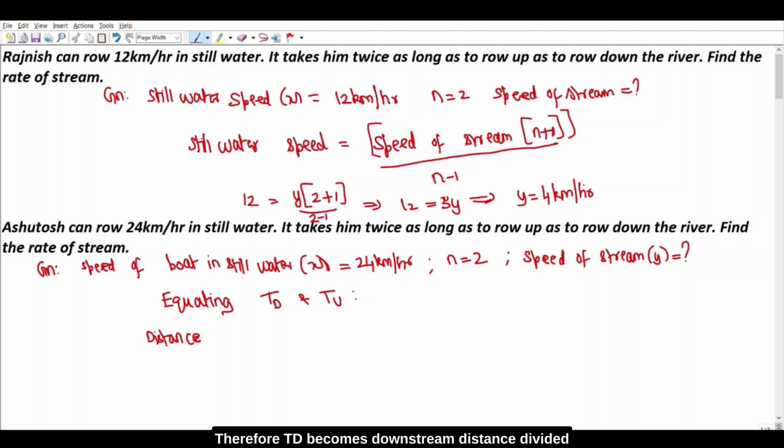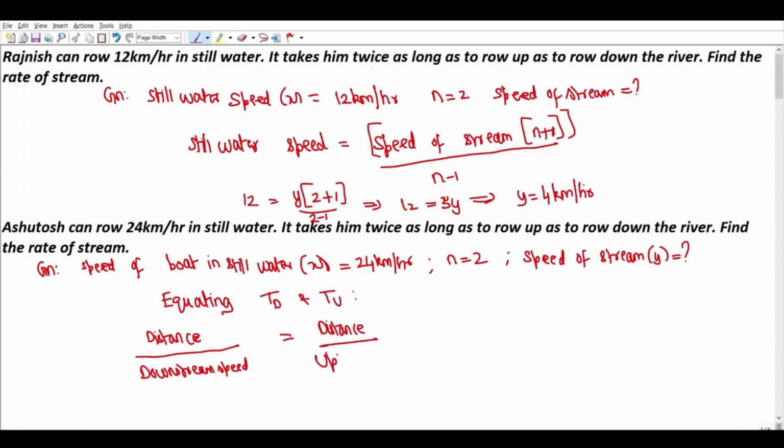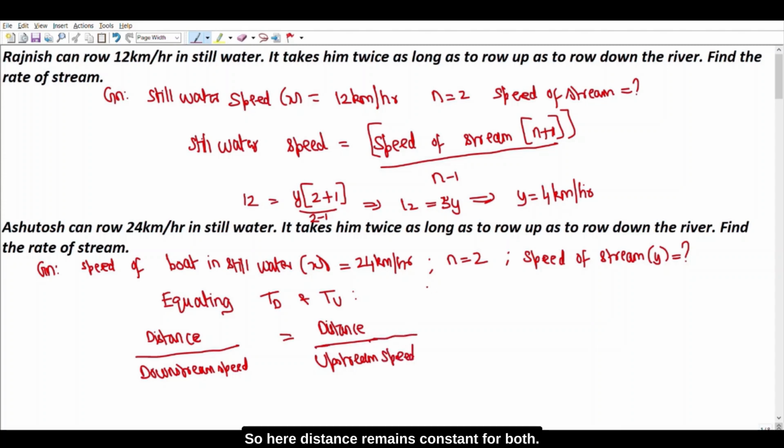Therefore Td becomes downstream distance divided by downstream speed, and Tu becomes upstream distance divided by upstream speed. So here distance remains constant for both. Therefore d/(x+y) becomes equal to d/(x-y).